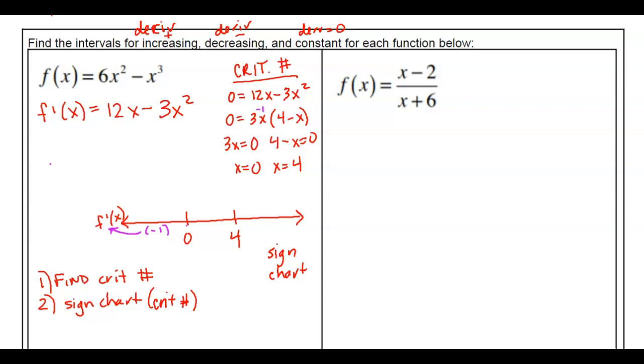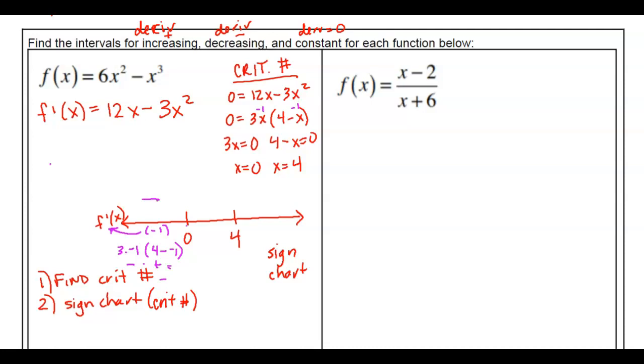So I'm going to pick this version right here. In my head, I would do 3 times -1 and then 4 minus -1. I just want to know if it's positive or negative. 3 times a -1 is a negative, and 4 plus 1 is a positive. So a negative times a positive gives me a negative number. So I just draw a negative.